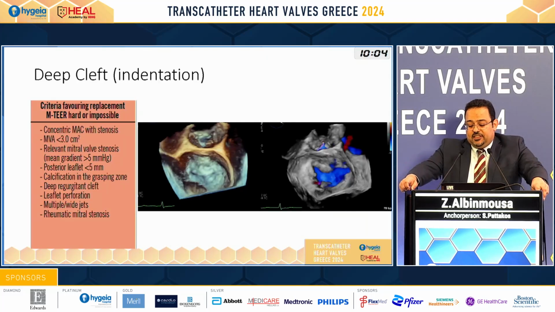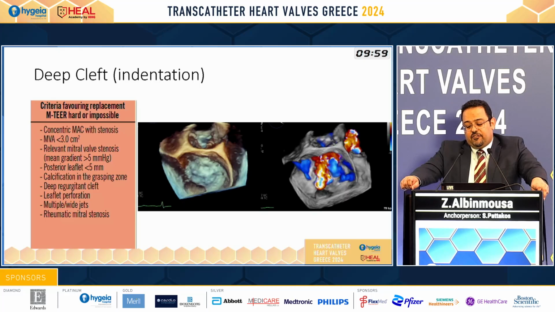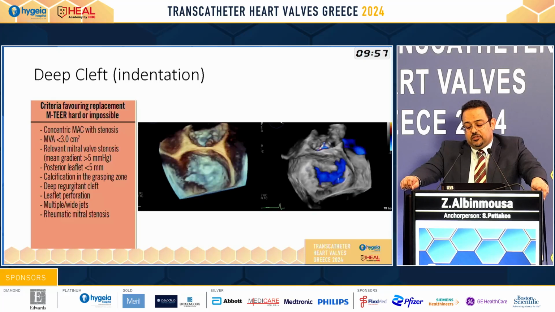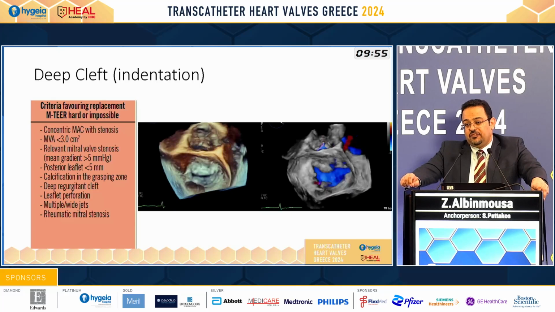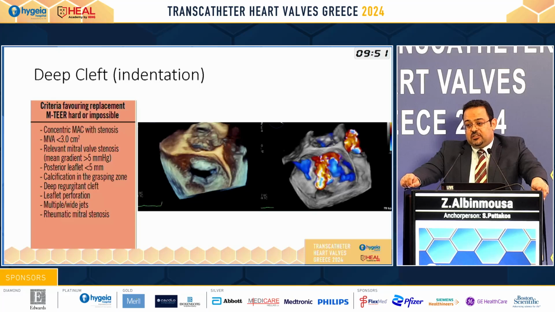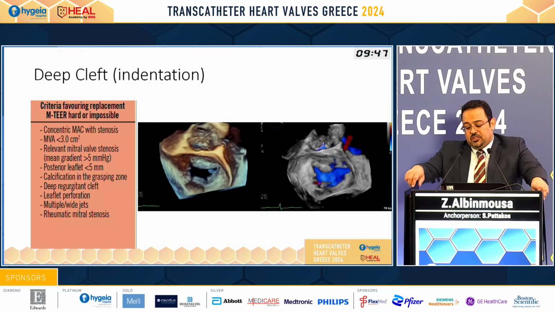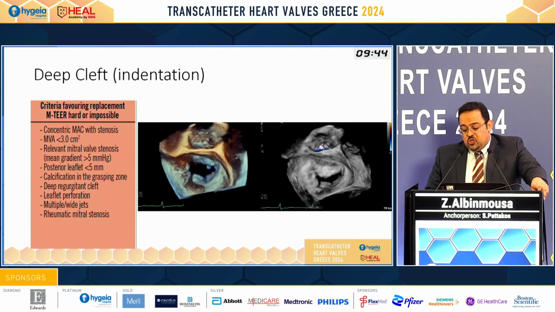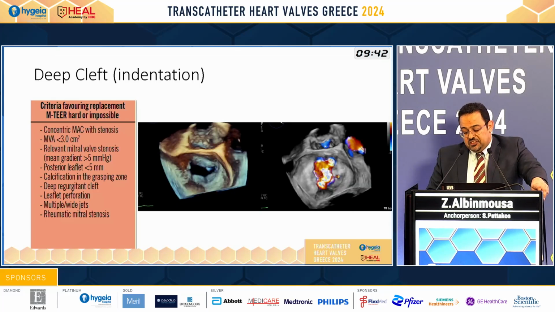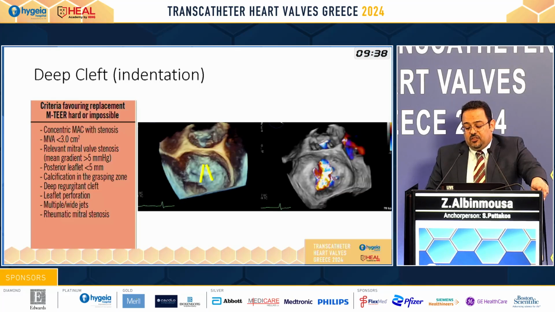Deep cleft or indentation is another challenging condition for TEER, where you have to make sure it's not a true cleft extending to the annulus. If it is not, it will still be challenging for the strategy and planning of treatment, where you don't know how to treat them ideally, but now we are using the A technique to deal with such patients.